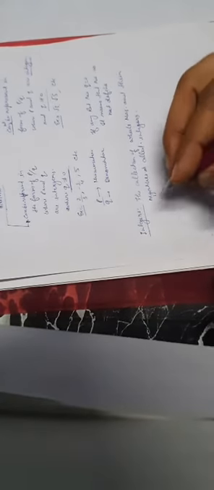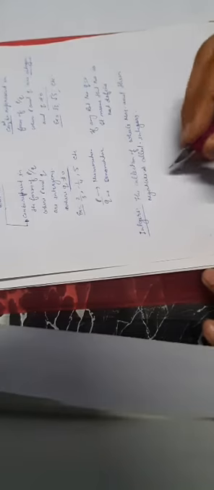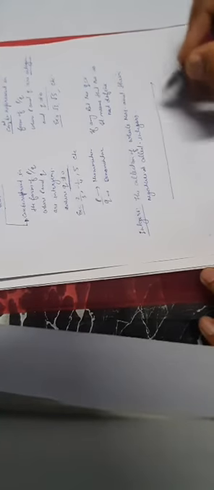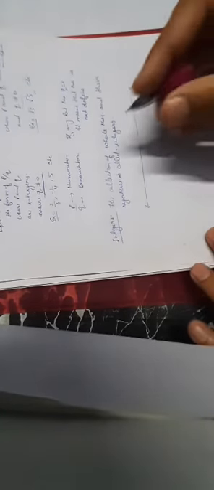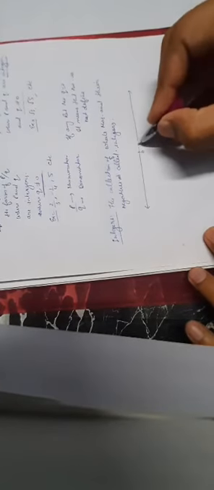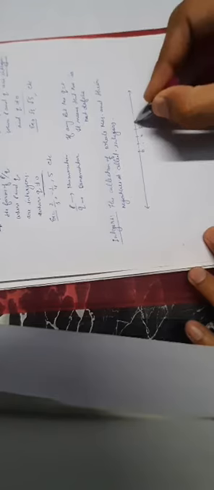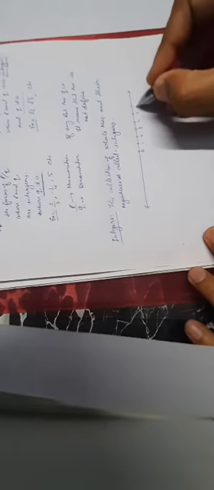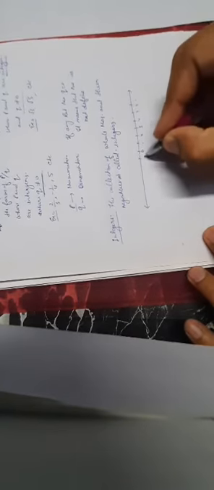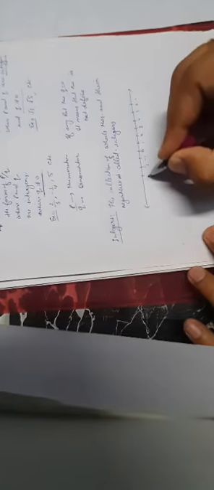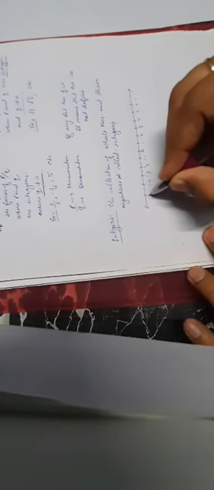I also explain the integers with a diagram. Suppose this is a number line, and in the middle we put 0. From the right side of 0 we have 1, 2, 3, 4, 5, 6, etc., and on the left side -1, -2, -3, -4 and -5.